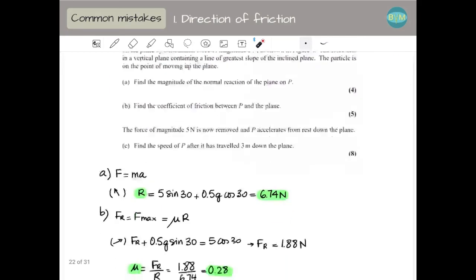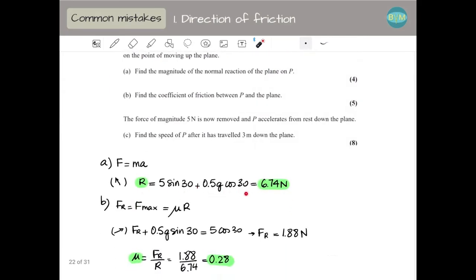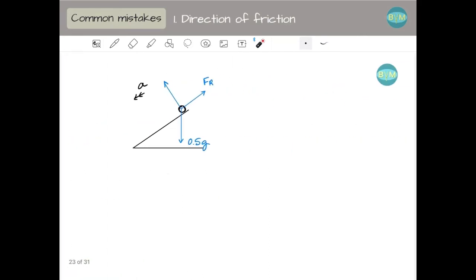When I found the normal reaction before, I was including this value here, and I don't need to include it now. So I will have a different normal reaction. This R will be different, and this friction will be different, and I will need to find it first. I don't have any more forces, so I'm going to find the components of the weight in my two directions.